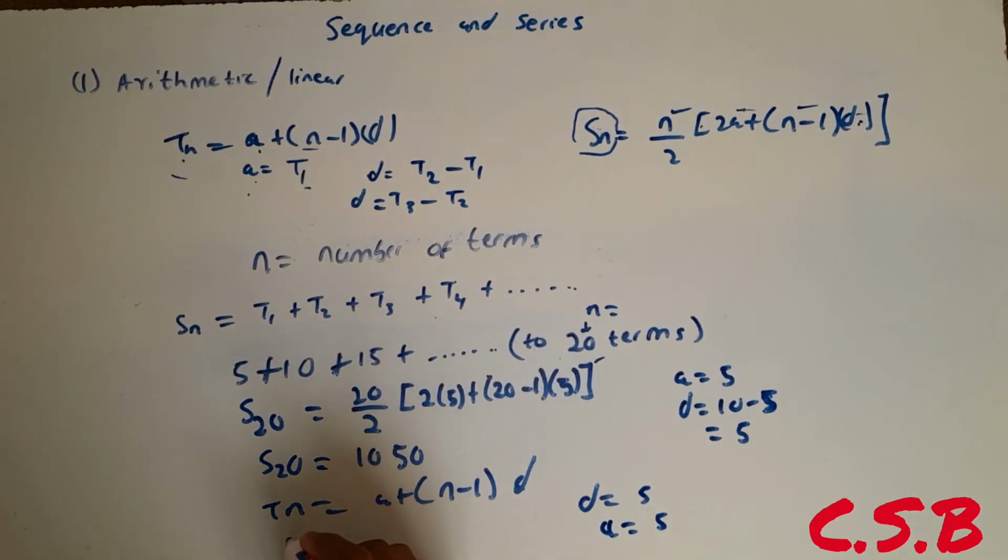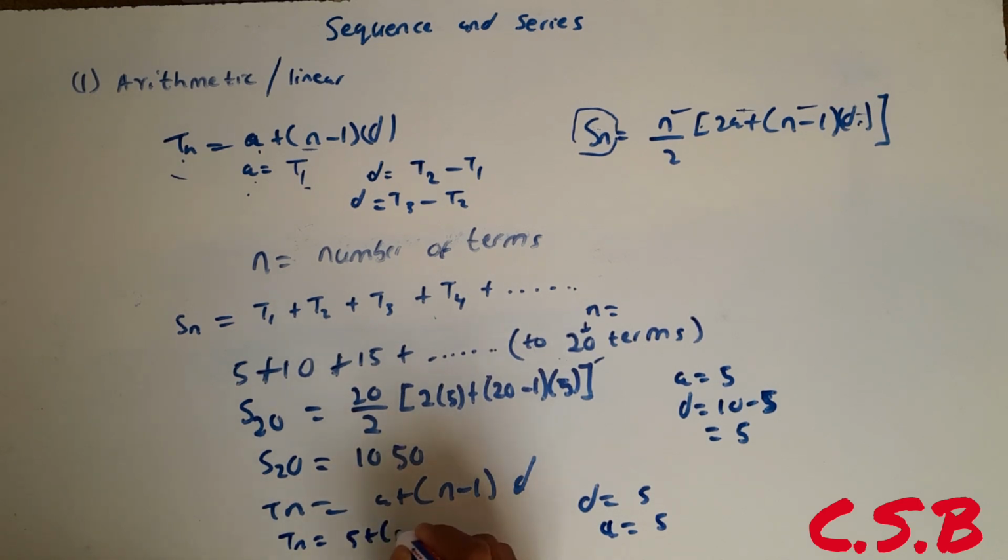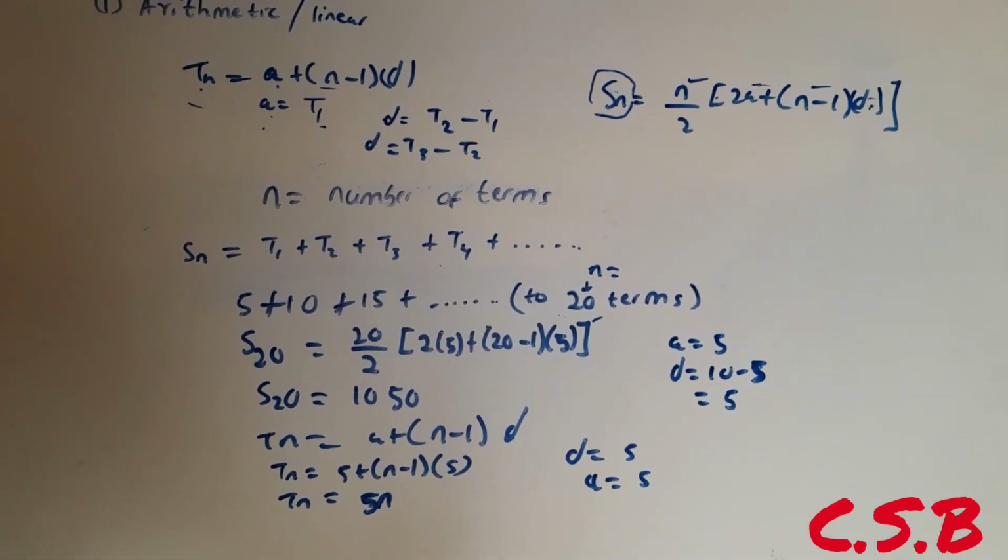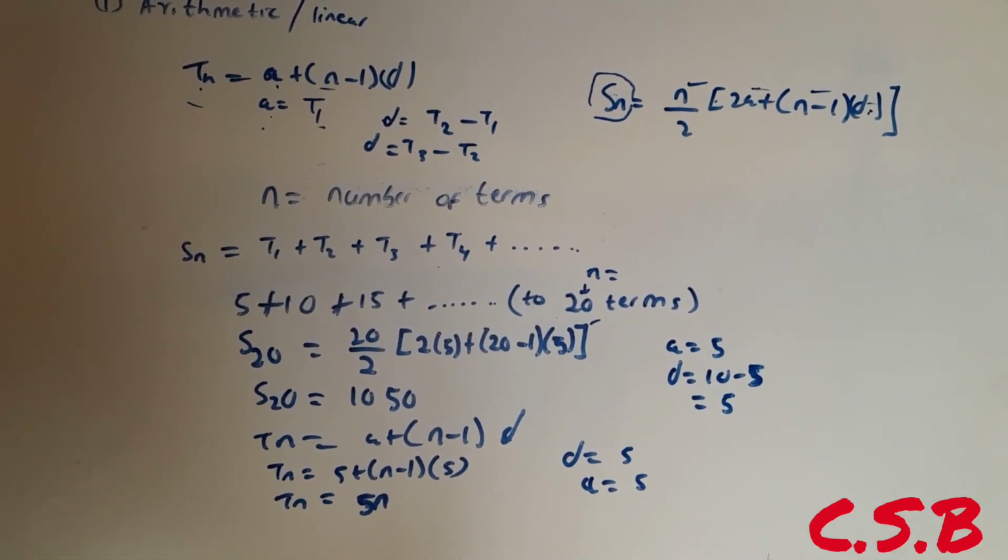So Tn is equal to 5 plus (n minus 1) times 5, which is 5n. So this is actually 5n.